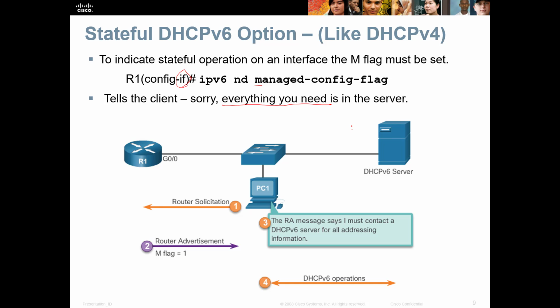Okay, so that looks a lot like DHCPv4. The server is going to give you more than just a few ideas. The server is going to make you some very specific applications. Okay? So we'll move into the actual operation and so forth and configuring in the next lectures.